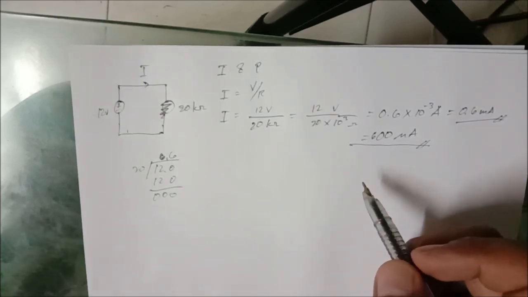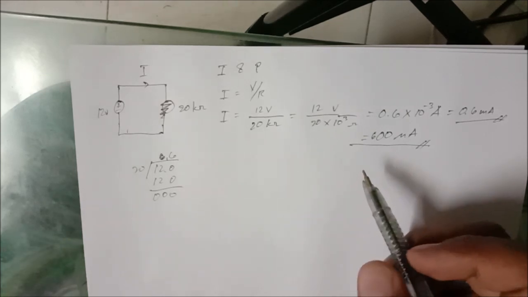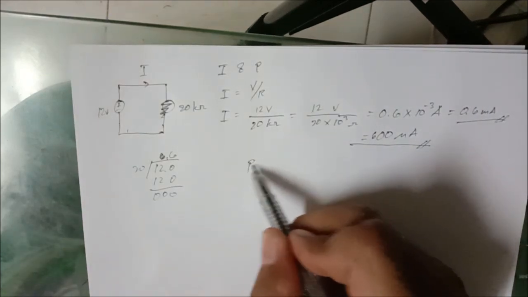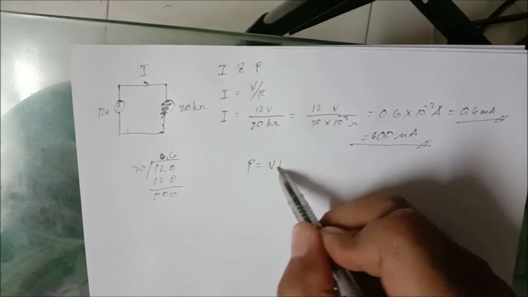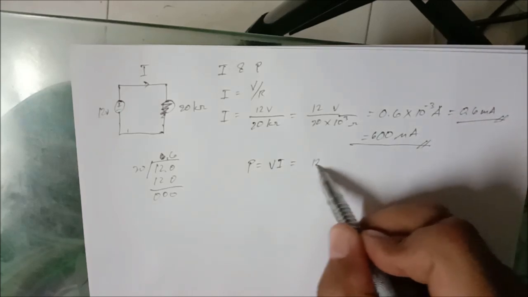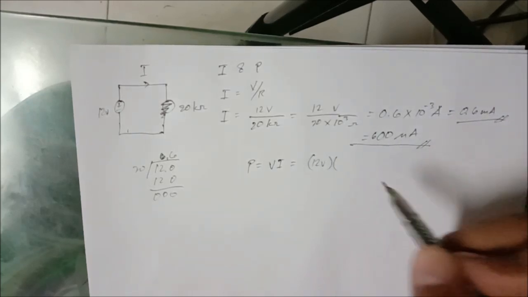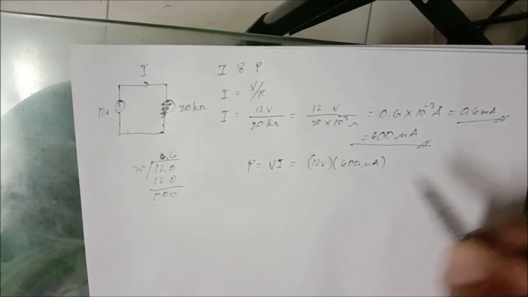So, ang kunin naman natin ay si power. So, power. Paano naman natin makukuha si power? So, power equivalent to V times I. So, power is equal to 12 volts times I, which is equivalent to 600 microamperes.